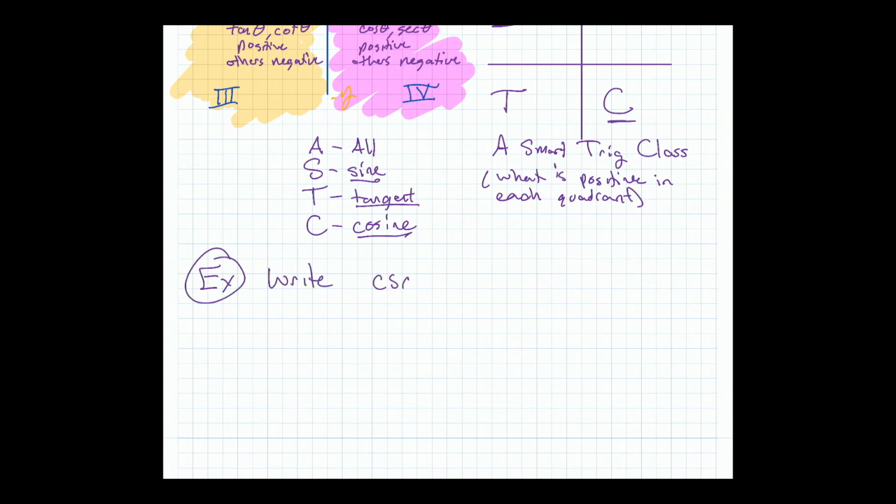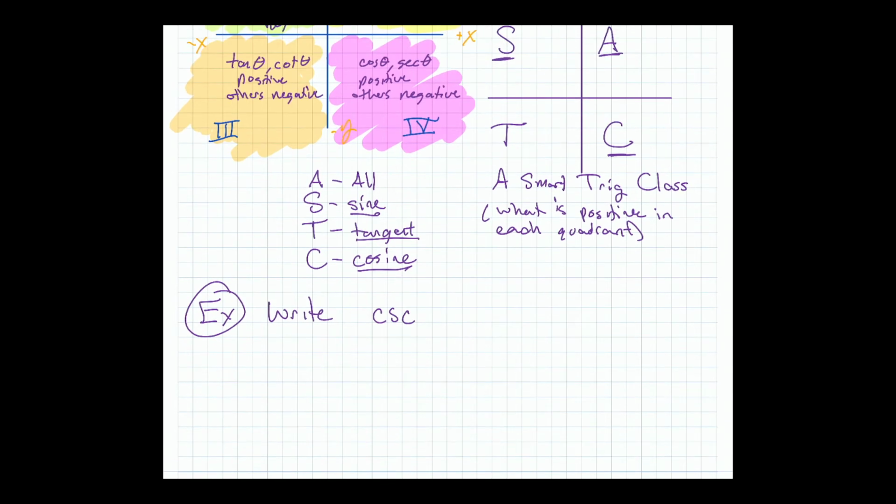Let's say cosecant of 11 pi over 12, as the cosecant of an acute angle.